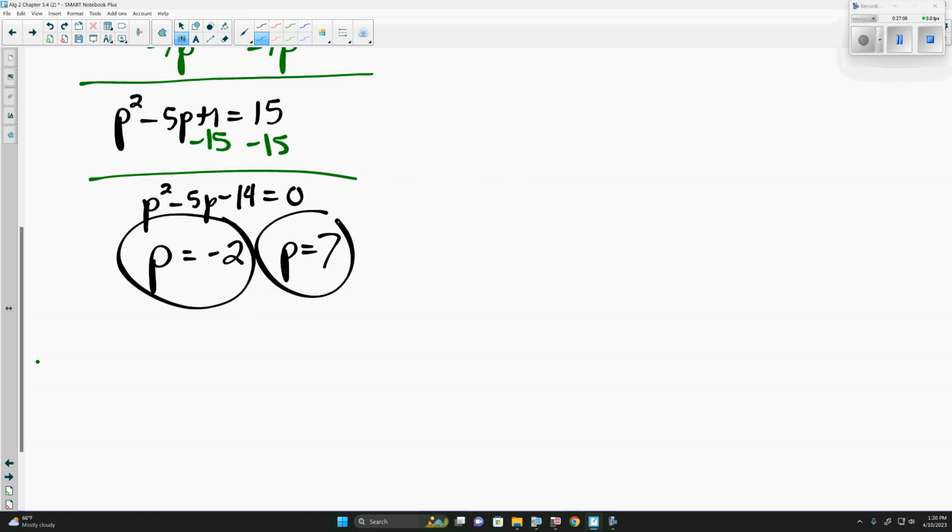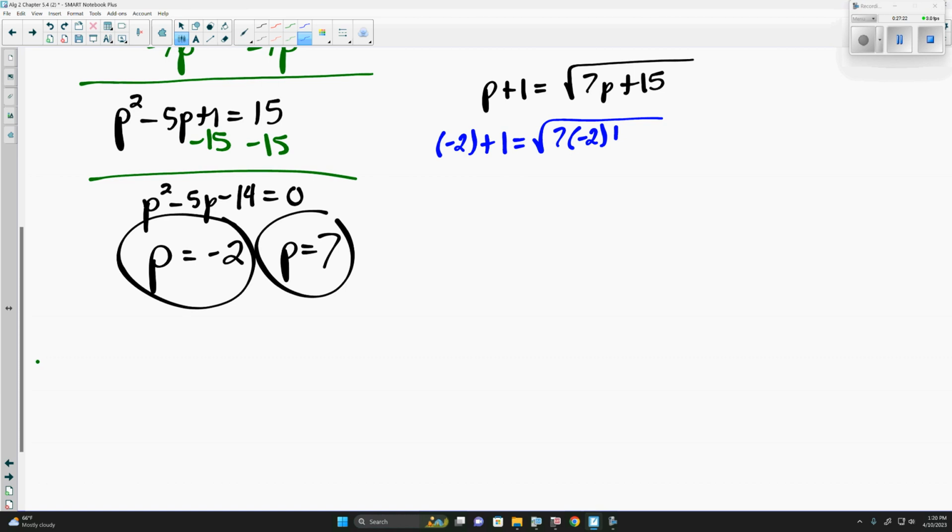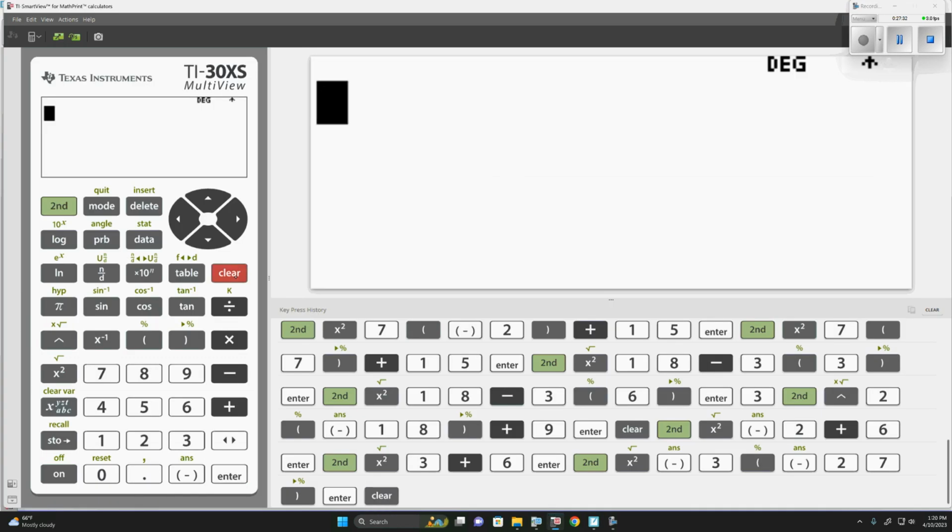I would still check them just to make sure. So with negative 2, we'd have negative 2 plus 1 is equal to the square root of 7 times negative 2 plus 15. Well, negative 2 plus 1 is negative 1.